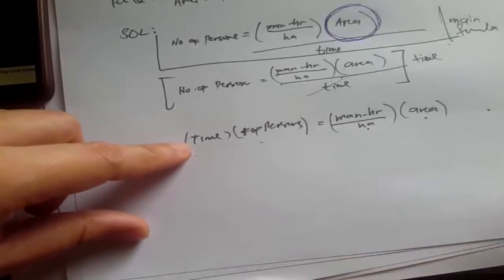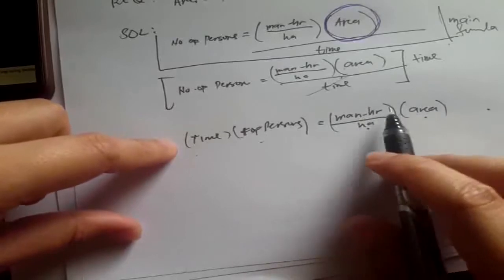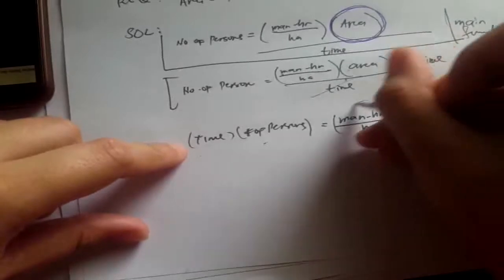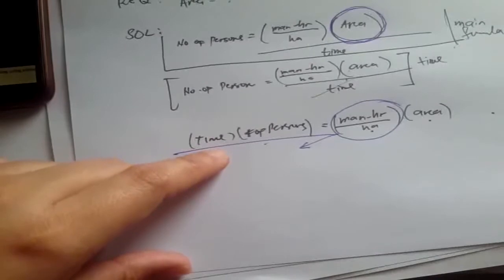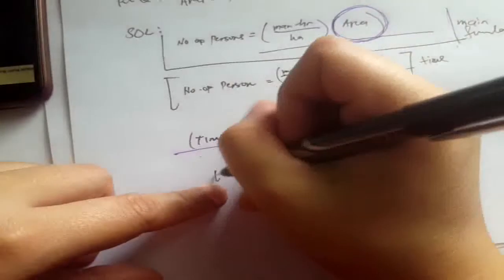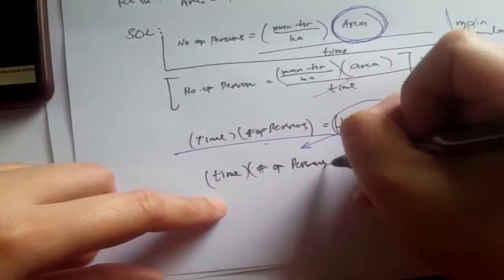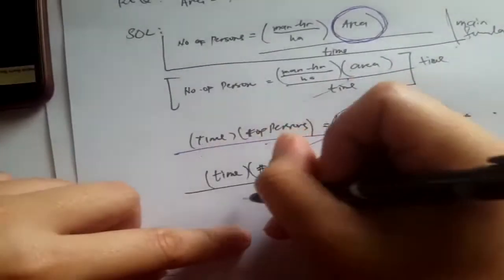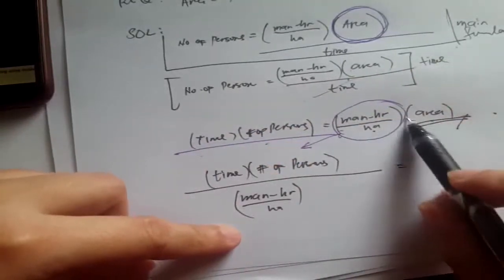So the next step is to what? Multiply both sides by 1 over man-hour per hectare to cancel this out, or just move it to the denominator, so that we retain only the area on this side. So we have time times number of persons, with man-hour per hectare moved to the denominator, equal to area.